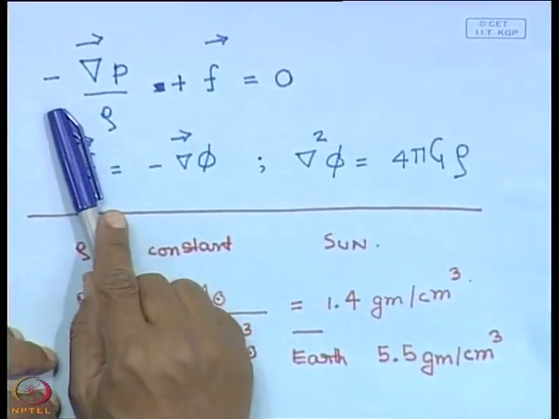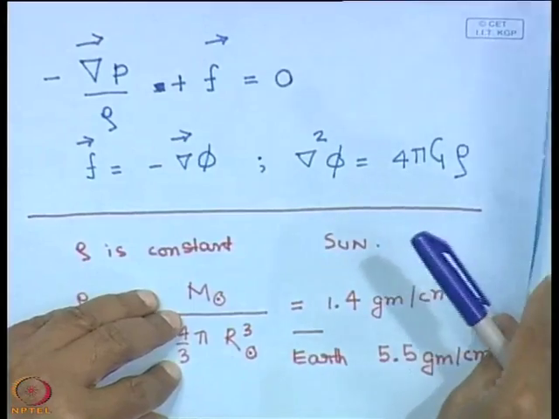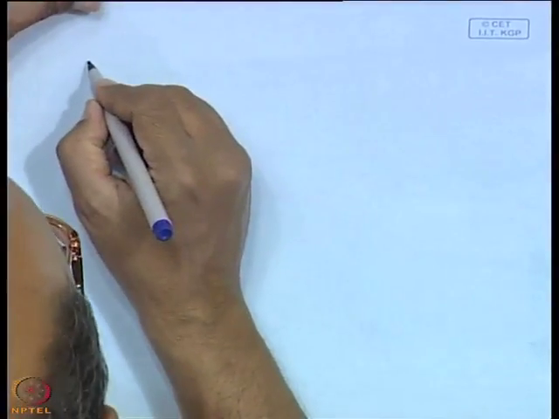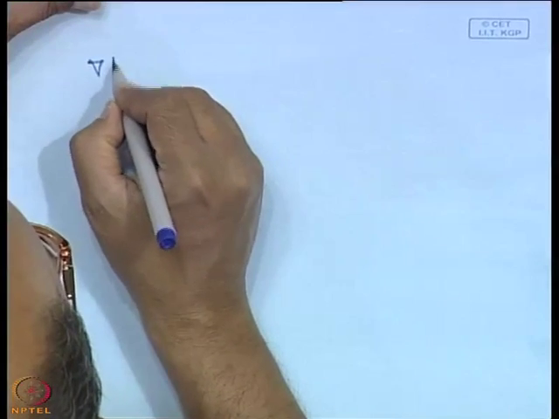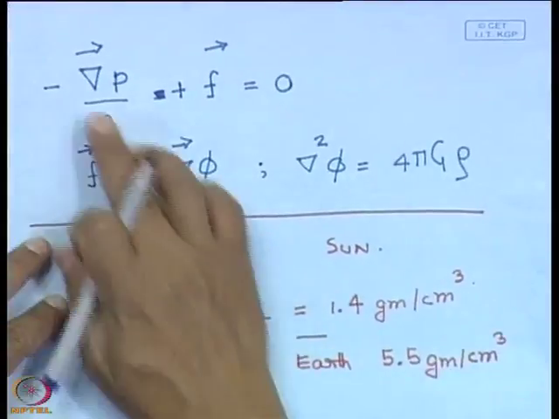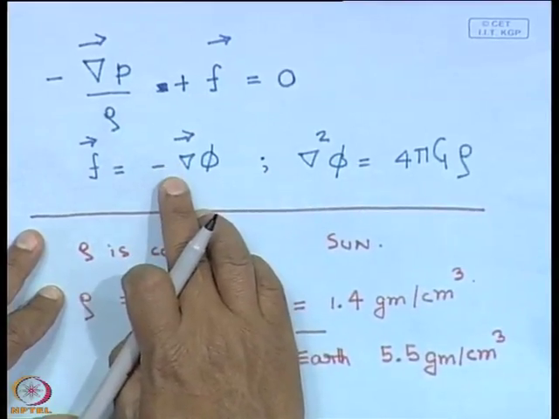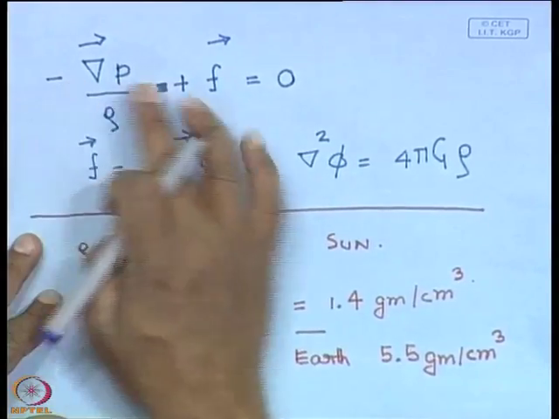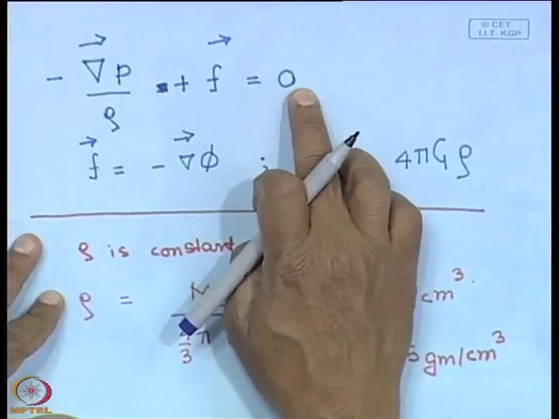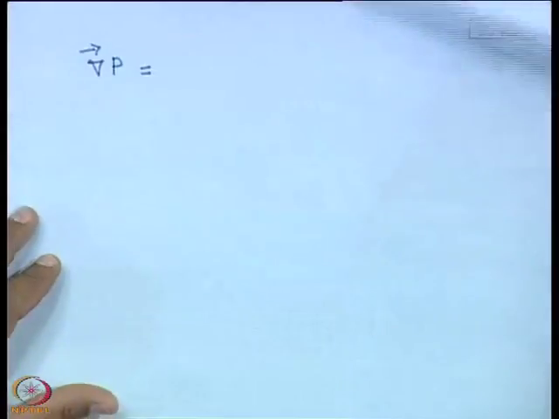So, we will just multiply this over here, and what we have then is grad P is equal to this. If I put it here the minus sign cancels out, then I take it onto the right hand side. So, this is equal to rho into grad phi with a minus sign.